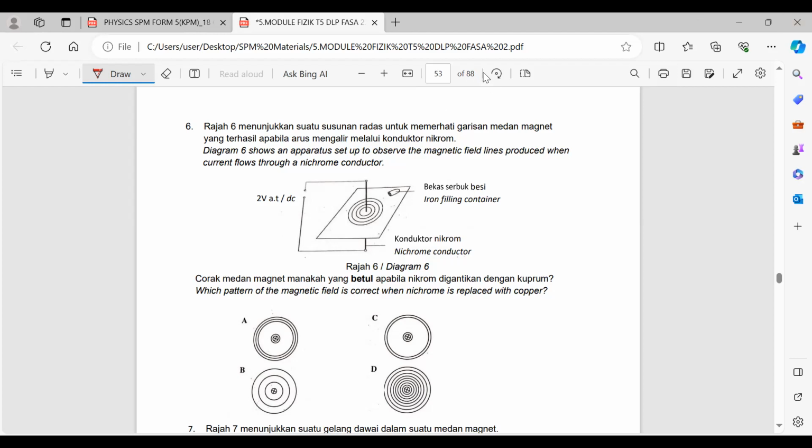Okay, I have the first answer coming, C. Which pattern of magnetic field is correct when nickel is replaced with copper? Nickel replaced with copper. The direction will not change. It will still be the same, as we are using direct current.